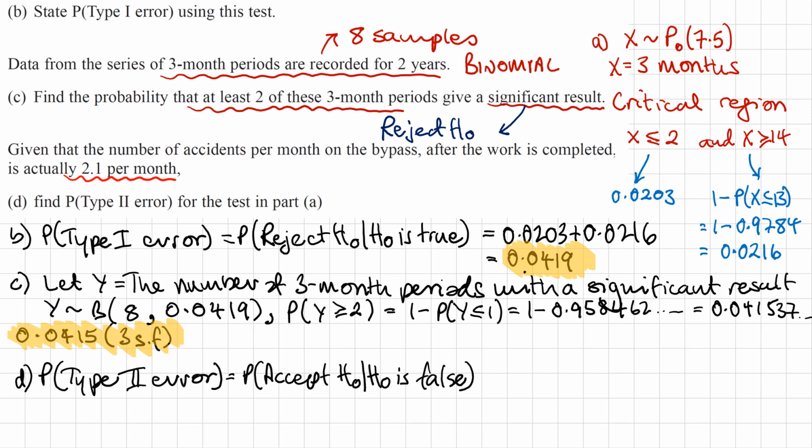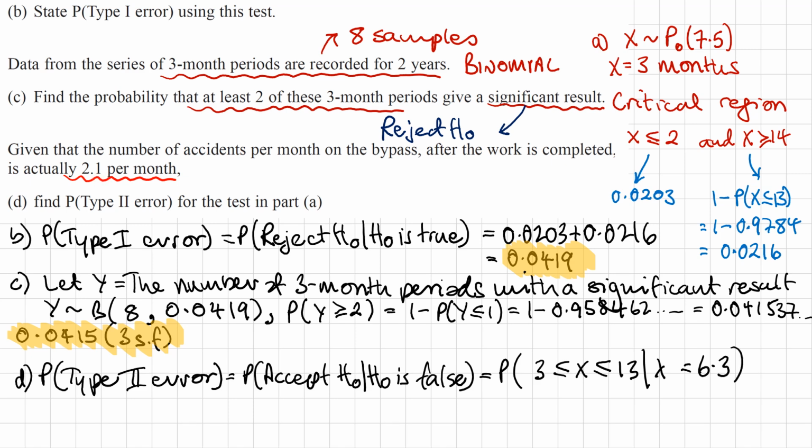Right, so what we want here is the acceptance region. We've got the rejection region, so the acceptance region is going to be between those two. So when x is greater than or equal to 3 or greater than 2, and when it's less than or equal to 13, or when it's less than 14, given that lambda is equal to 2.1 times by 3, so 6.3.